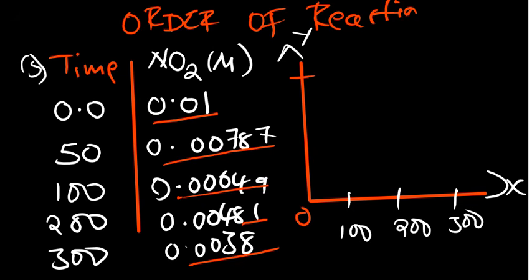Okay, after some time, so what was at 0 somewhere there? Let's say that's 0.01. After some time, where is it going to be? So it's going to reduce a bit. It's going to 0.078. Okay, let's say somewhere there.